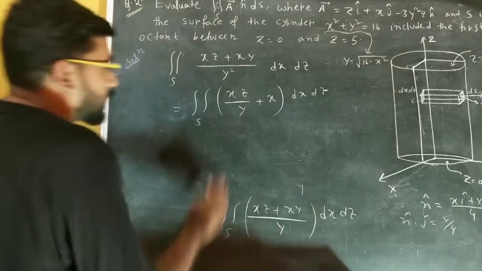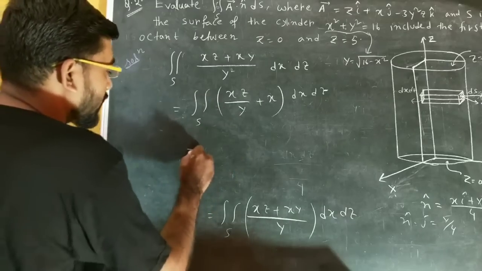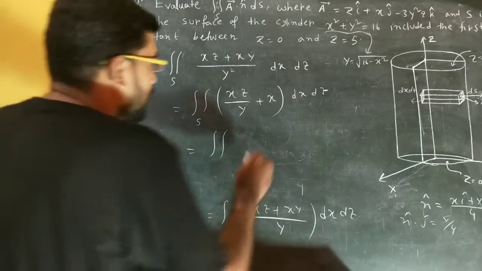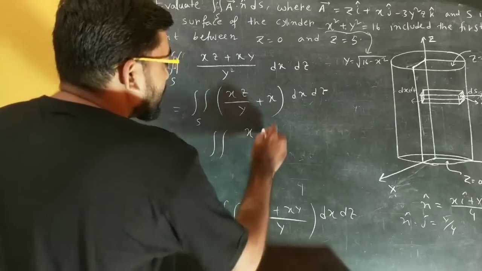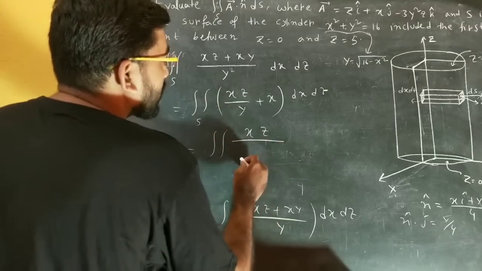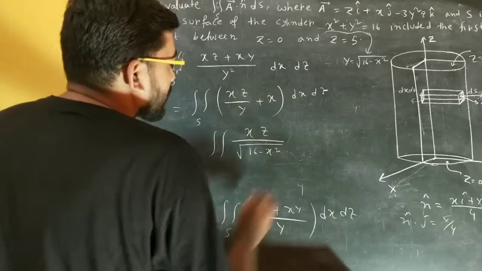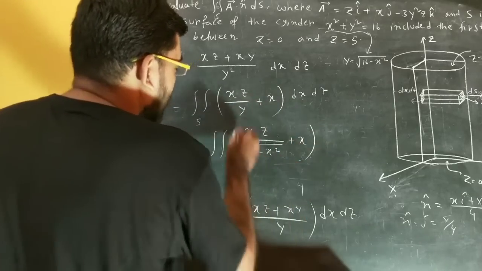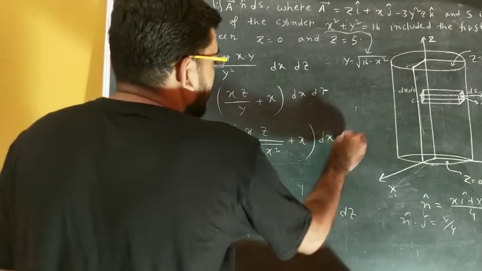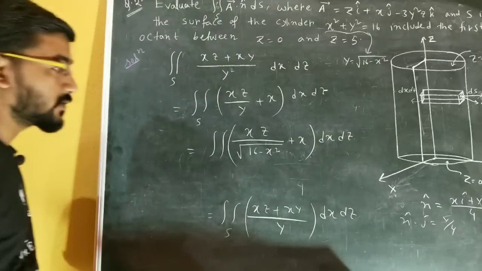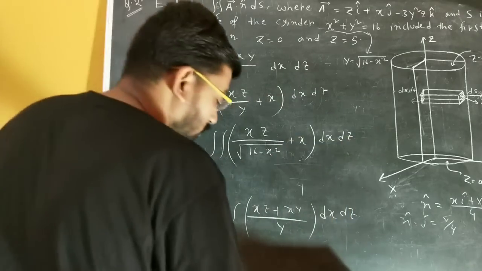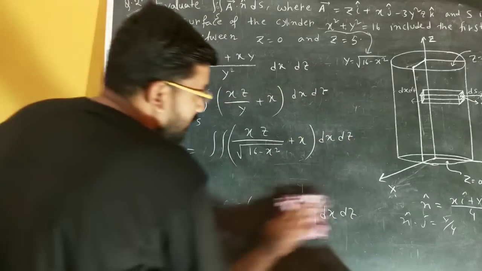So the integration becomes xz divided by root 16 minus x square plus x, into dx dz. Now you have to take the limits of x and z.